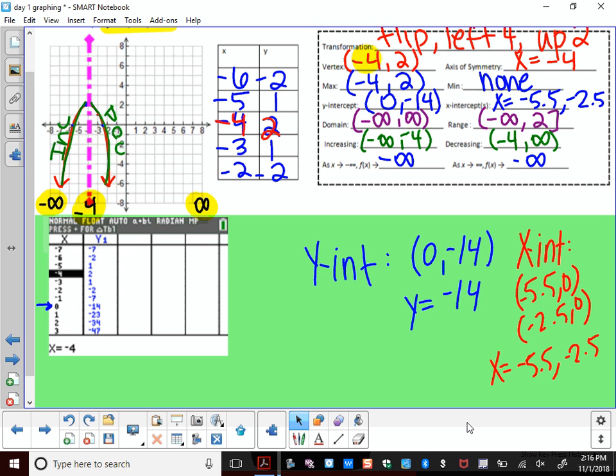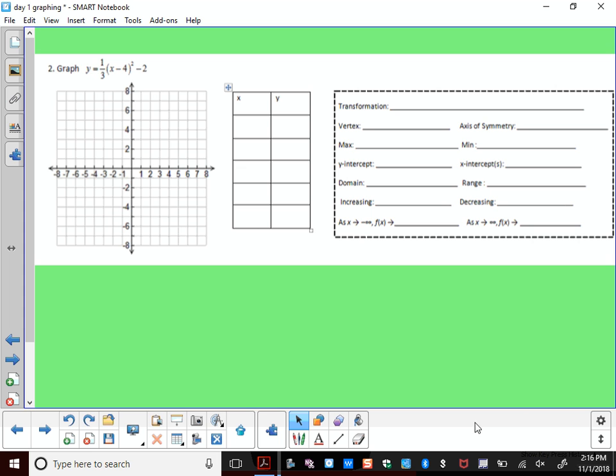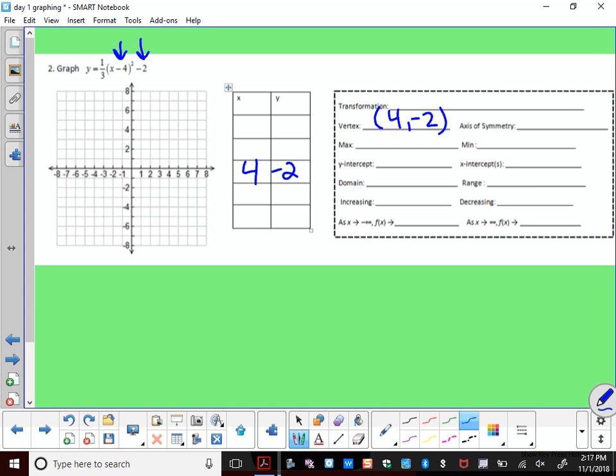All right, so let's take a look at this guy. My vertex, I can tell from here. What's the opposite of negative 4? And this number stays the same, so that's negative 2. That's your vertex. So there's some things I can fill in before I even look at my graph.